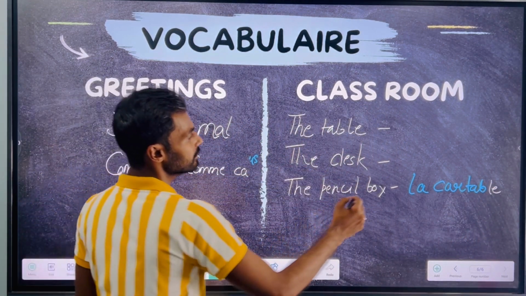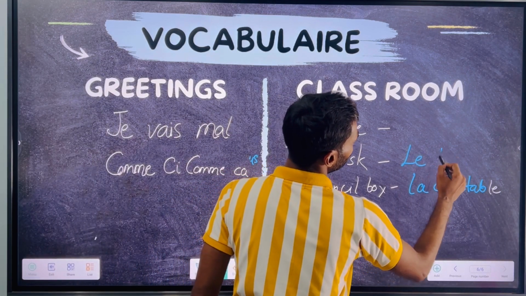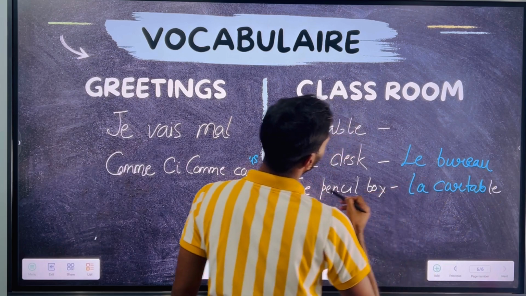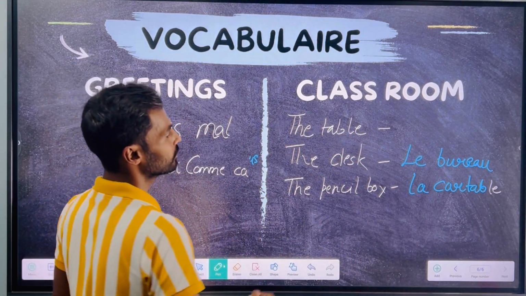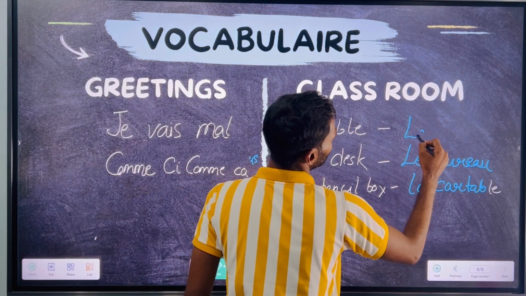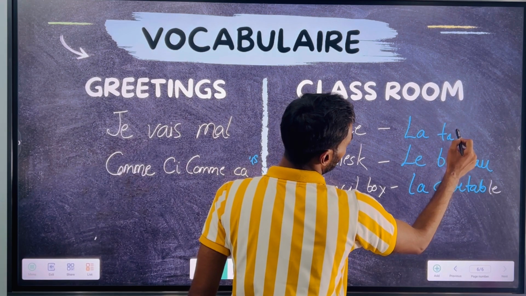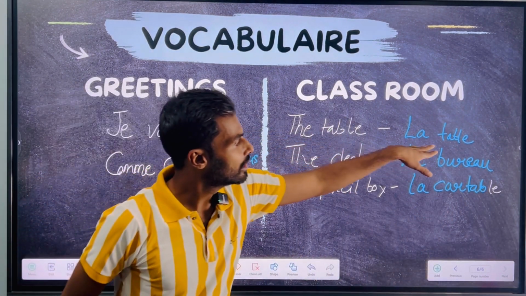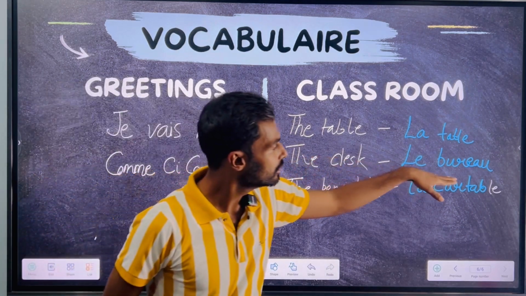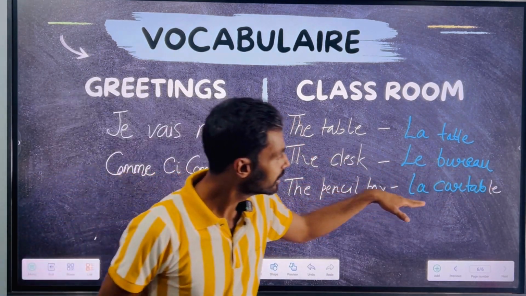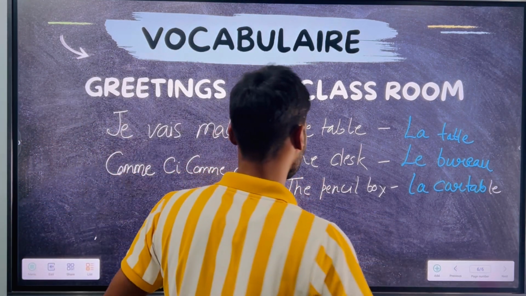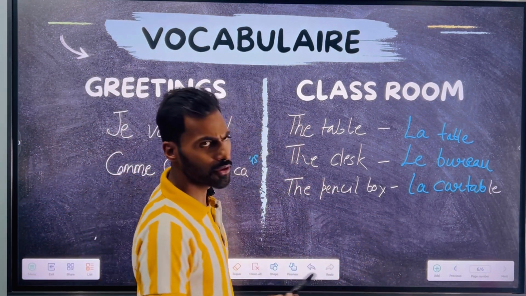The desk is le bureau. Then the table. The table is la table. So the table, la table; the desk, le bureau; the pencil box is le cartable. What else could be there? The notebook.